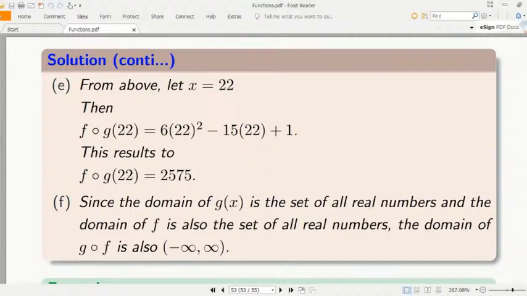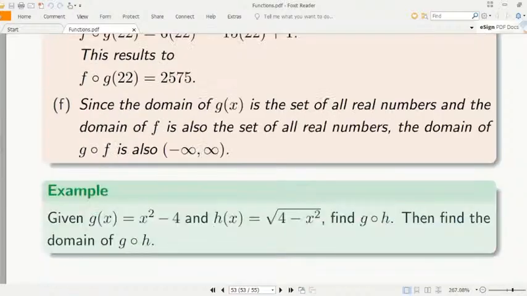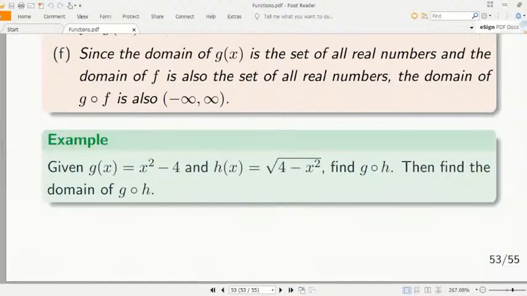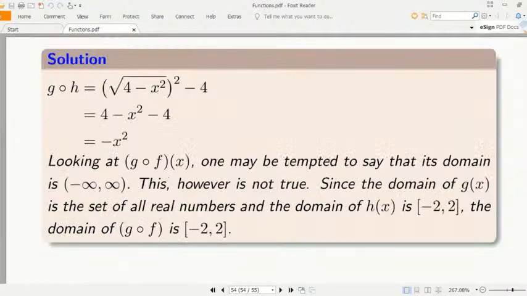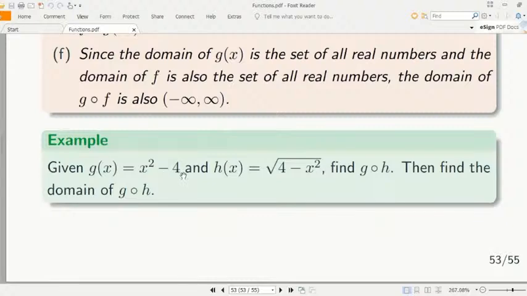Again, this other one says that given this and this, find G composition H, then find the domain of this.